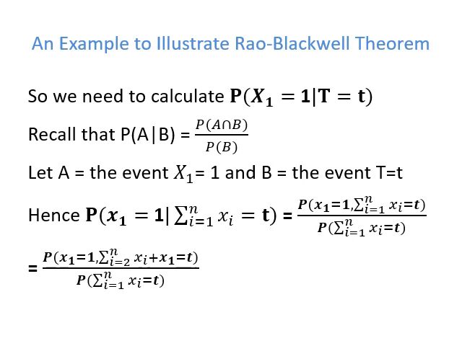So the conditional probability that x1 equal 1 given summation xi equal t can be written as the probability of A intersection B divided by the probability of B. So the probability of A given B using this rule will be the probability of the intersection.